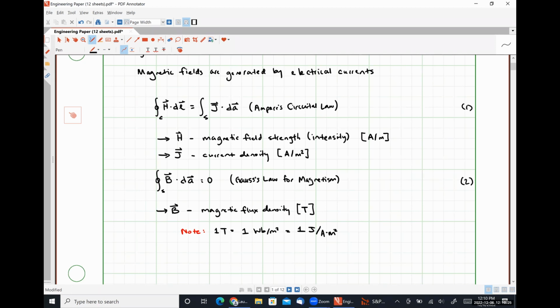Okay. All right. So we are going to figure out what exactly these mathematical statements mean and how to apply them.